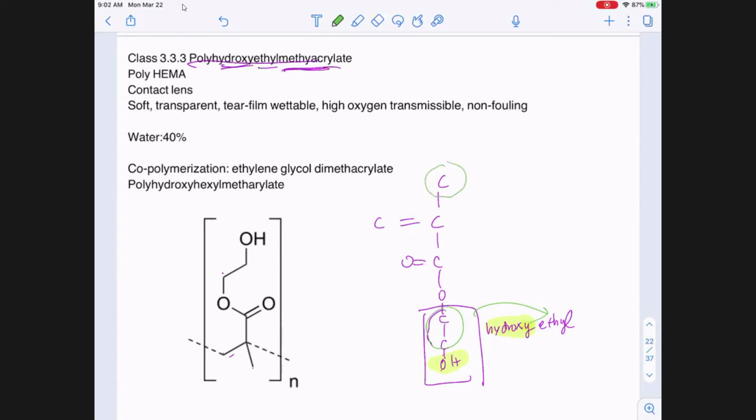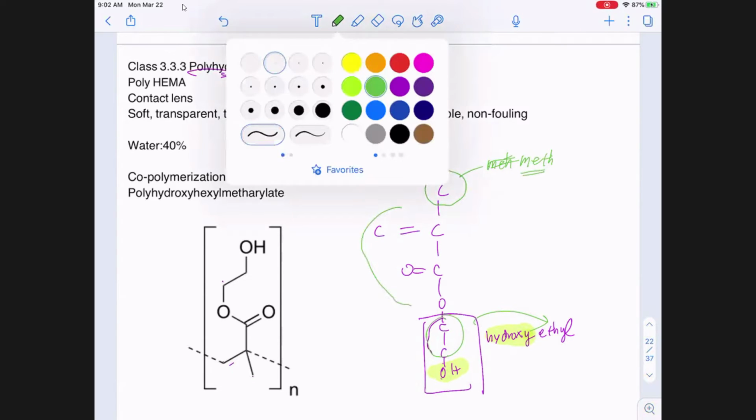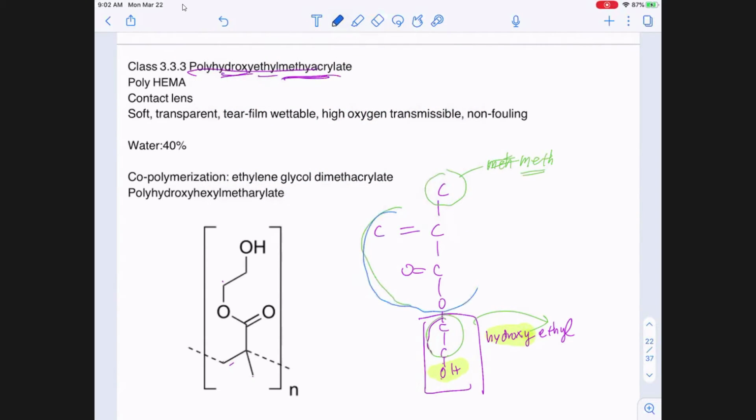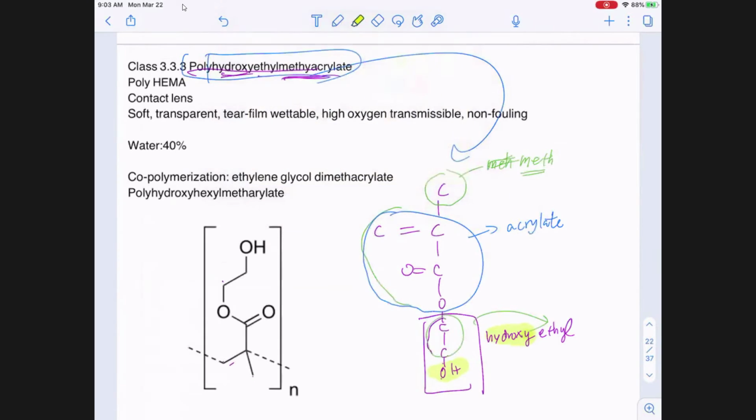This one is the meth group. Meth. This part is accurate. Okay, so if we take this one, you can see. And the reaction happens. Which reaction happens? The reaction happens at this one. That's for polymerization.